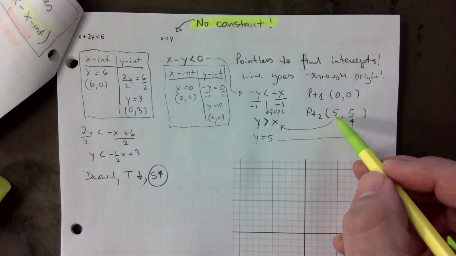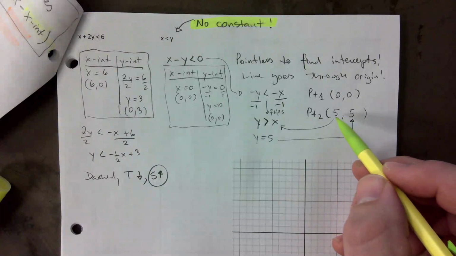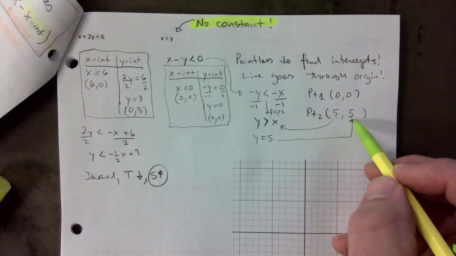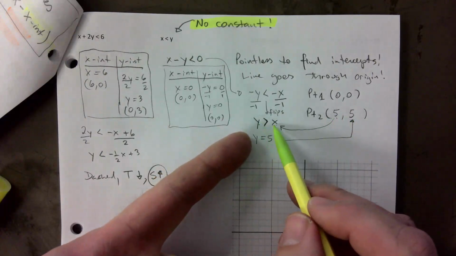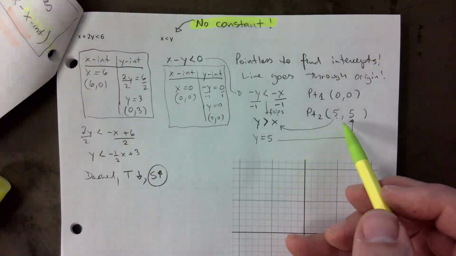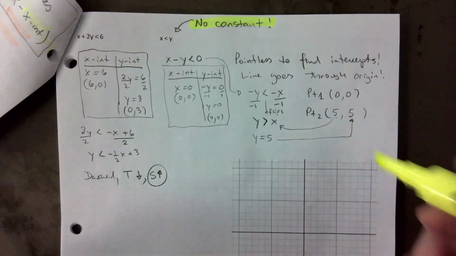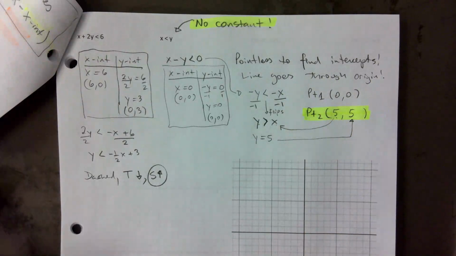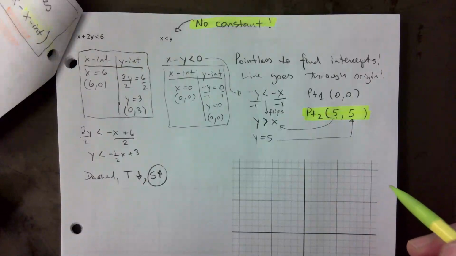If you picked 10, y would have been 10. If you picked 11, y would have been 11. If you picked -2, y would have been -2. So that's what this is saying. It's going to be like that. So that's your second point right there. Okay. All right.